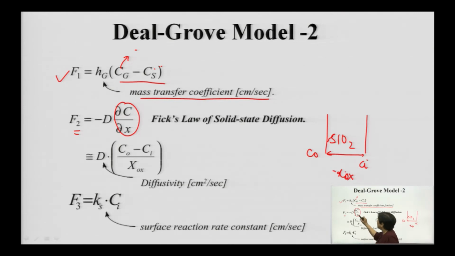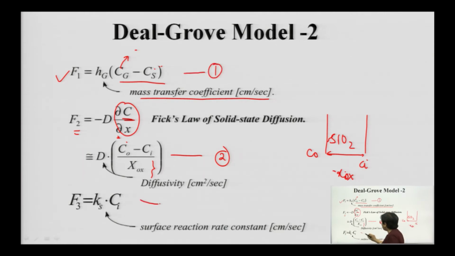That is why I am defining the concentration gradient in the form of CO and Ci, that is CO is the concentration of oxidizing species on the outer surface minus the concentration of the oxidizing species on the inner surface, and dx is nothing but the depth of penetration, or the thickness of the oxide layer that is formed, to be precise. And this is my second equation, and this is my very first equation I defined.